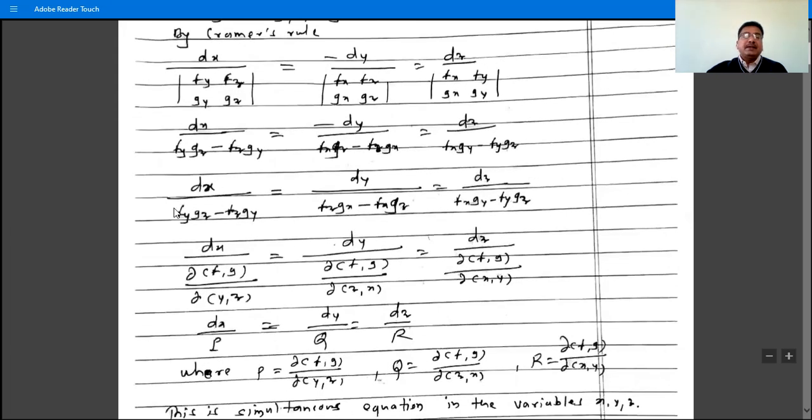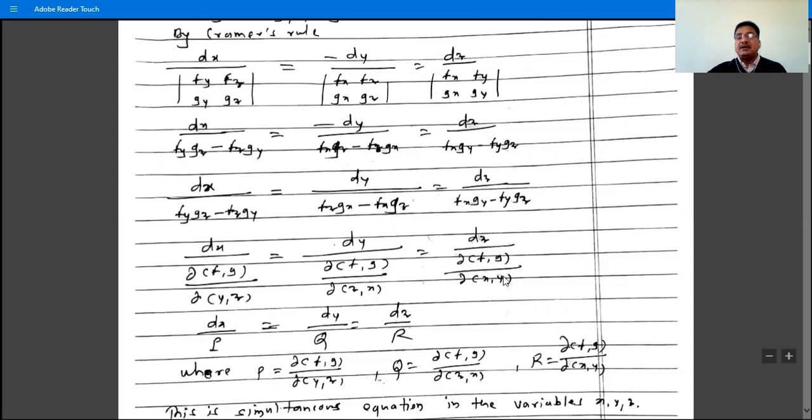This determinant is the Jacobian ∂(f,g)/∂(y,z), because the Jacobian ∂(f,g)/∂(y,z) is the determinant with ∂f/∂y, ∂f/∂z, ∂g/∂y, ∂g/∂z. This is the Jacobian ∂(f,g)/∂(y,z), this is the value of the Jacobian ∂(f,g)/∂(z,x), and this is the value of the Jacobian ∂(f,g)/∂(x,y).